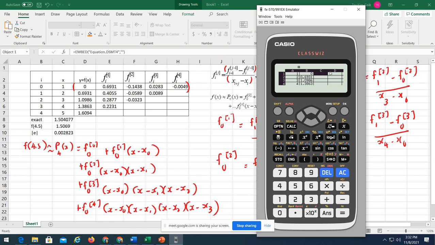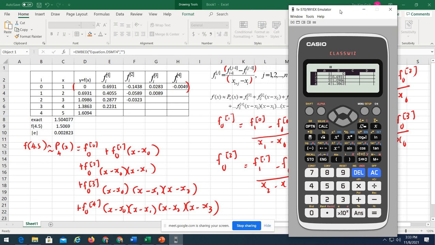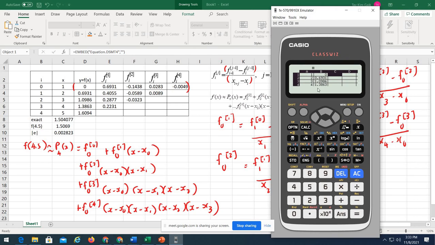The spreadsheet menu in the calculator actually copies the idea of the spreadsheet in Excel. The rows start from 1, 2, 3, 4, and then you want to calculate the first value, F01. So it's the same thing.